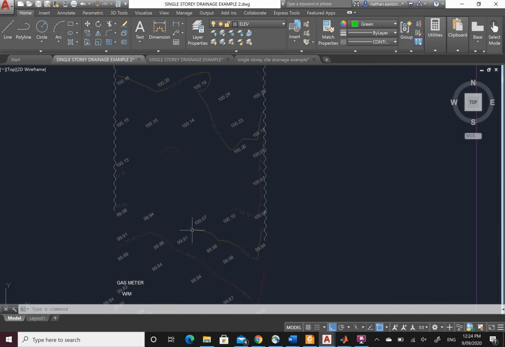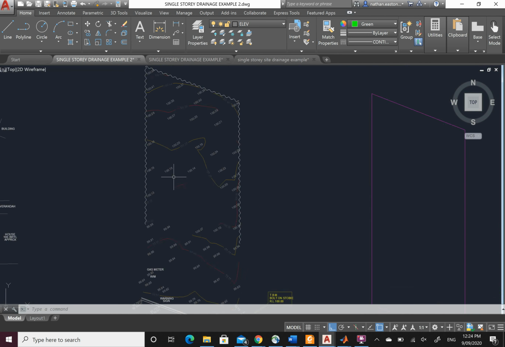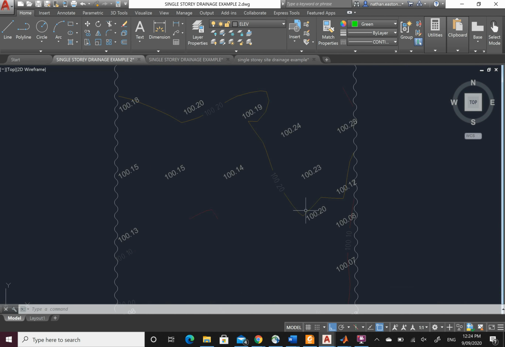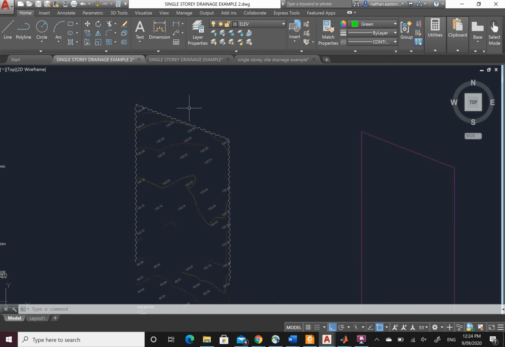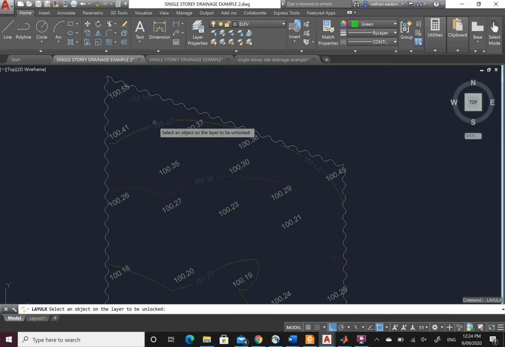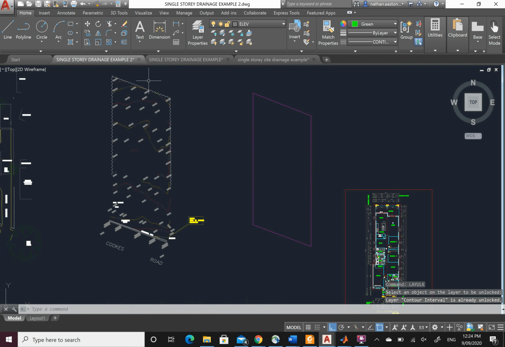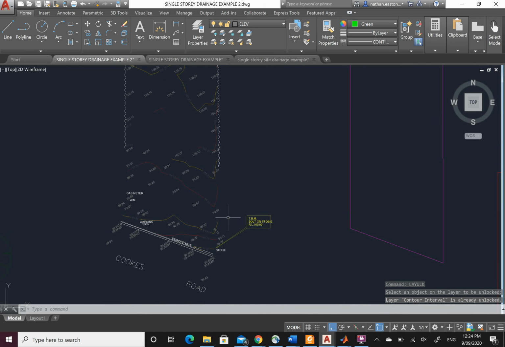Well, here's 100.07, there's the same level, so we can assume this line seems to follow. So we can line up points through here, which you'll learn more about in your environmental class. You'll be doing mapping contours for your drainage of mine sites.